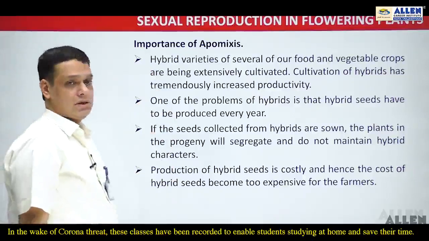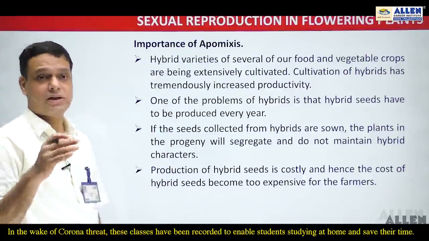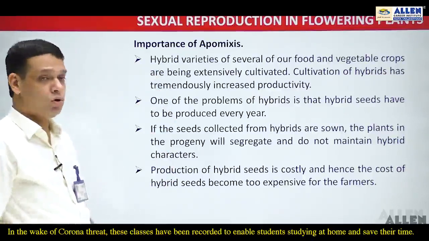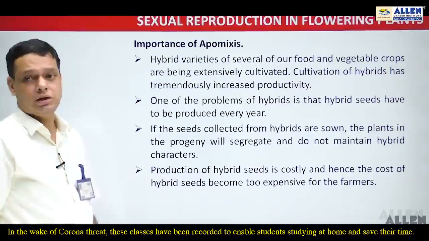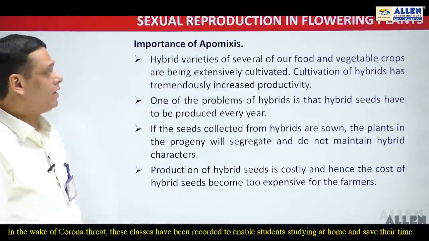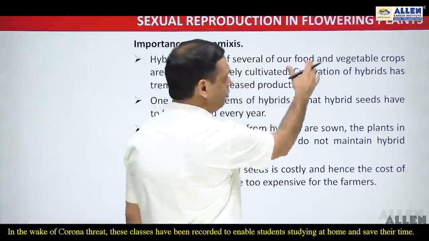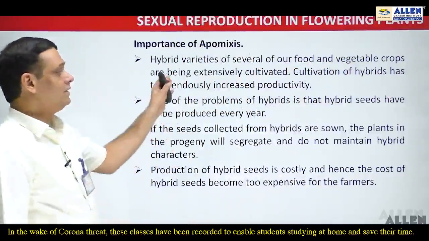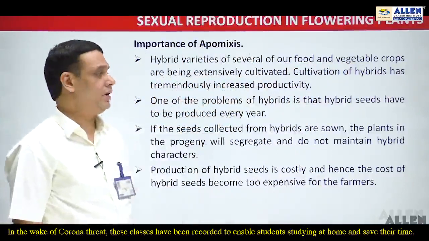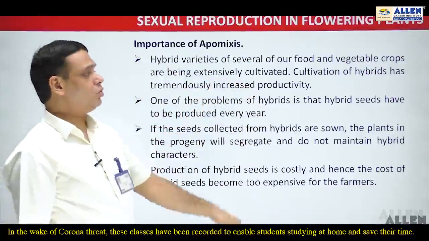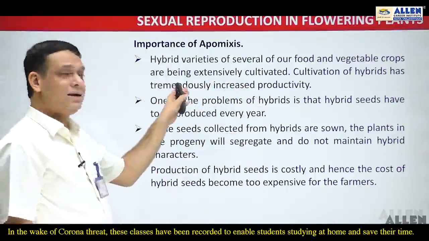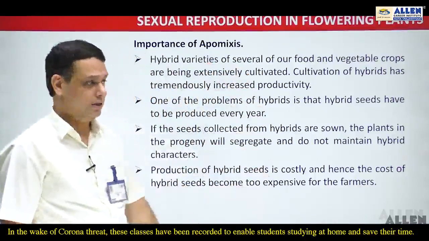Hybrid varieties, as you all know, have more vigor and more ability to produce offspring. Hybrid varieties of several of our food and vegetable crops are extensively cultivated nowadays, and the cultivation of those hybrids has tremendously increased productivity.